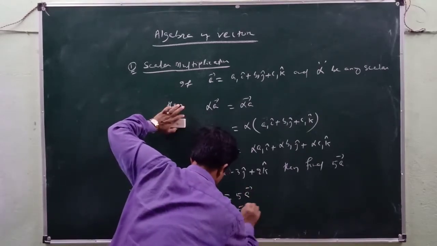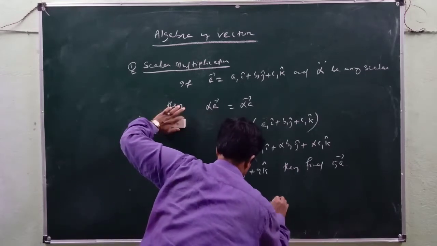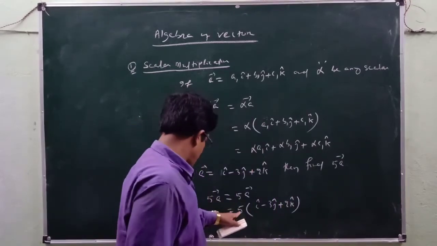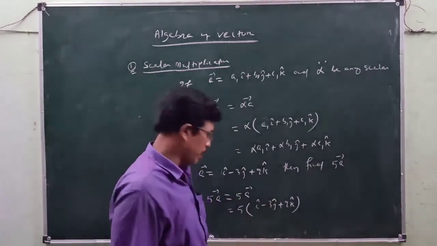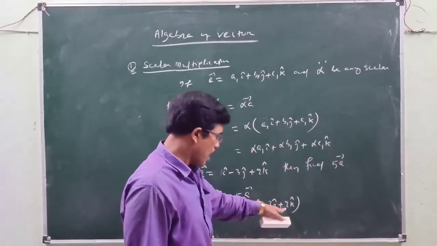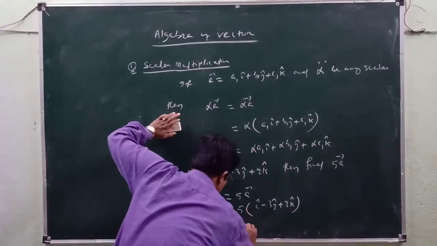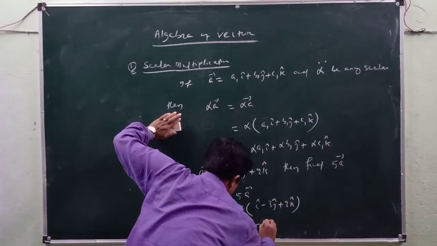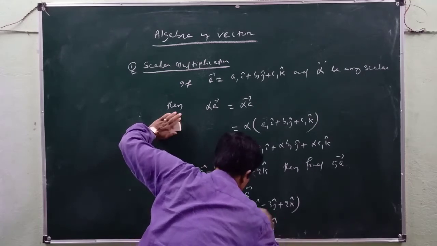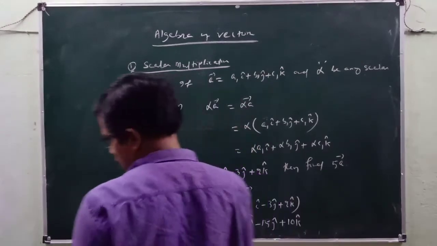So you write 5 into a vector, and in place of a, you write i cap minus 3 j cap plus 2 k cap. Then you multiply this 5 with all the scalar components of the vector. Here the scalar component is 1, here minus 3, and here 2. After multiplication, the result will be 5 i cap minus 15 j cap plus 10 k cap. This will be the required answer.